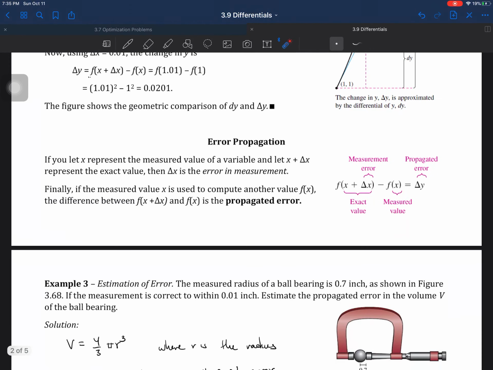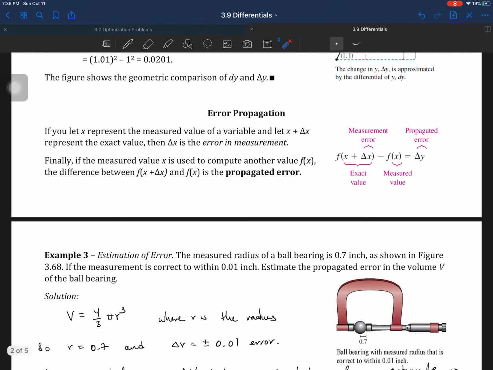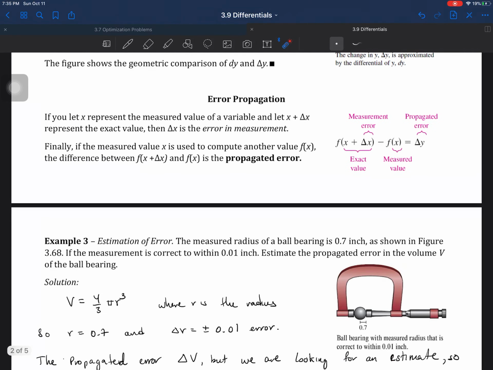All right, so let's use this in an application problem. The way we use this in this problem is by defining what's known as error propagation. The way I understand propagated error is the accumulation of error from a measurement. If you ever try to compute something or create something, everything is going to depend on your measurements.